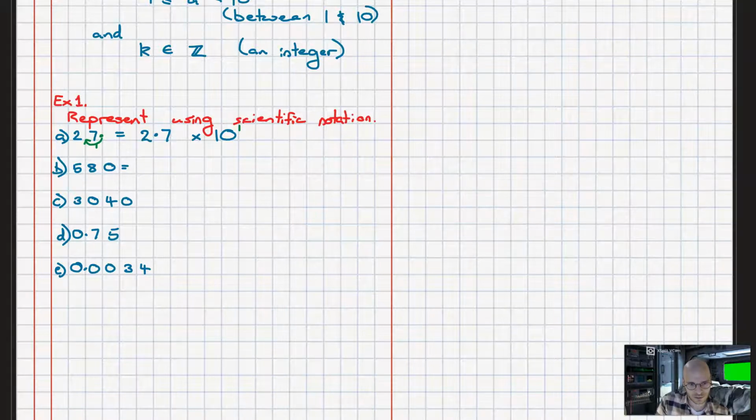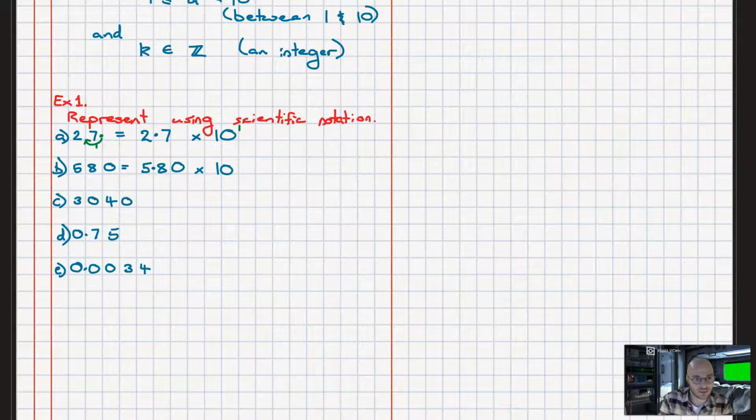Now, example B, we have 580, and we want to rewrite this using scientific notation. So once again, I'm going to write out the number 580. And because we need a to be between 1 and 10, we simply put a decimal point between the 5 and the 8. Now, to compensate, we have to multiply this by something, so it will be times 10 to the something.